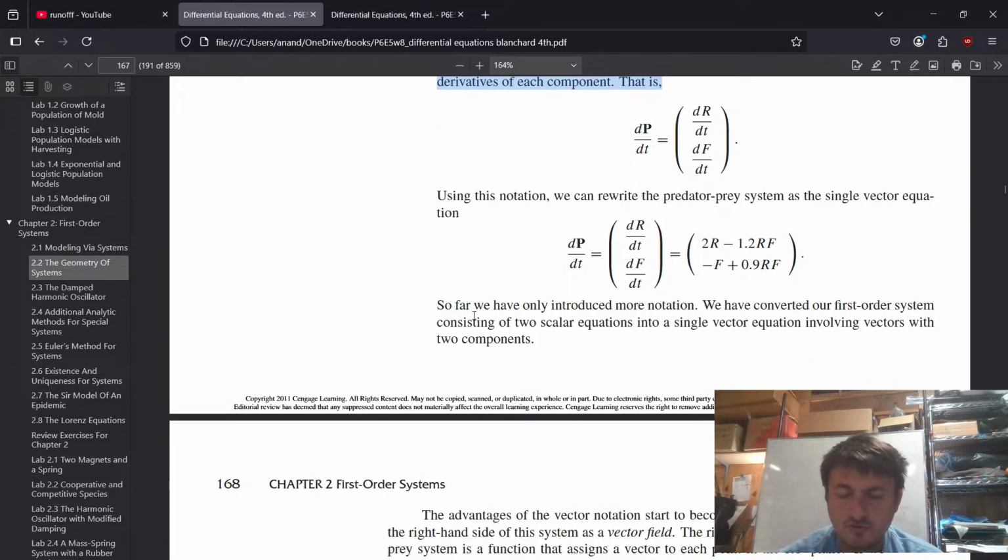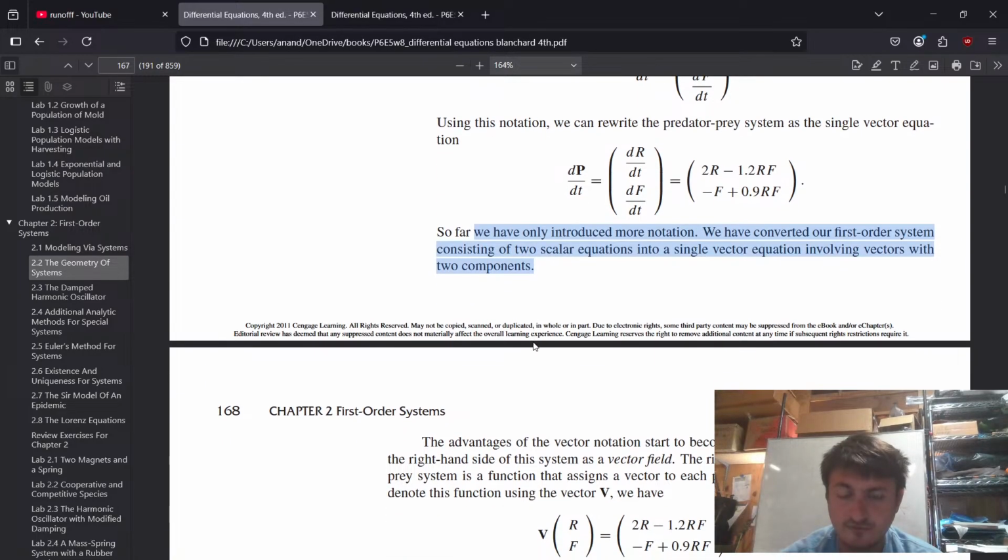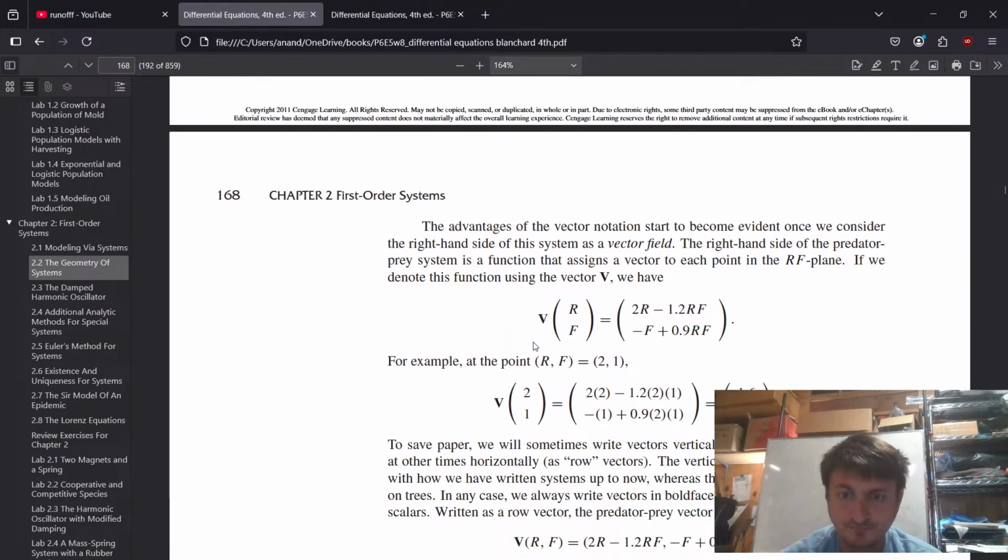We've converted our first order system consisting of two scalar equations into a single vector equation involving vectors of two components. The advantages of the vector notation start to become evident once we consider the right-hand side of this system as a vector field. The right-hand side of the predator-prey system is a function that assigns a vector to each point in the RF plane.